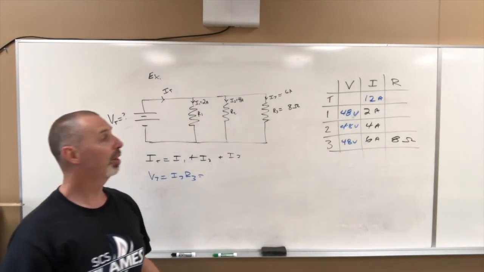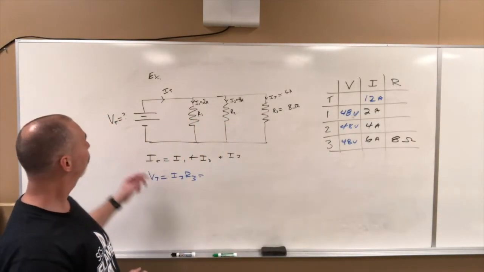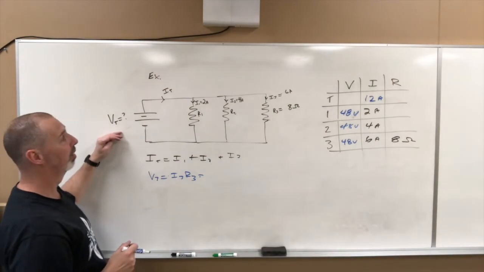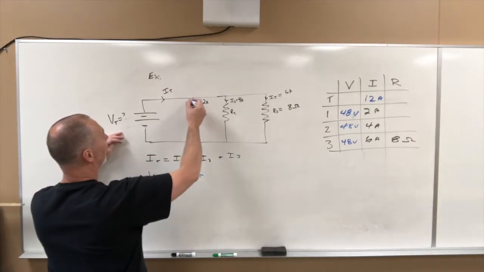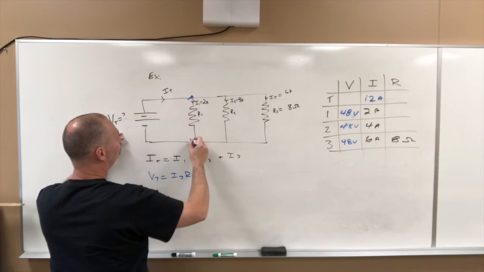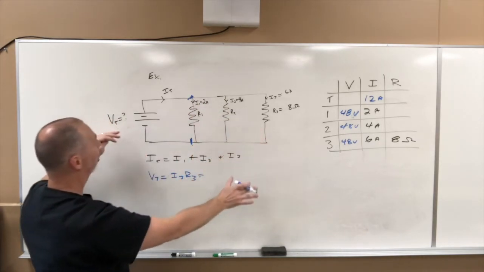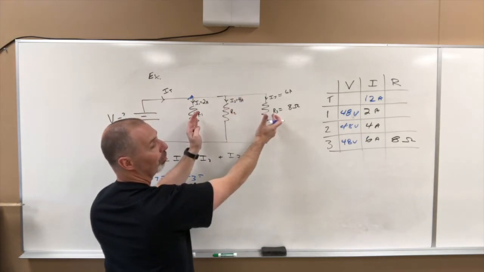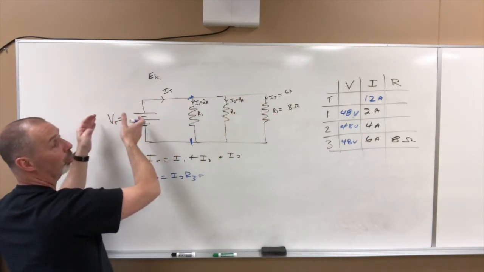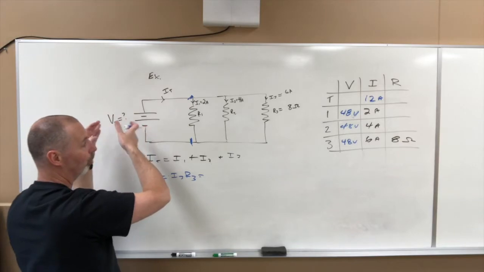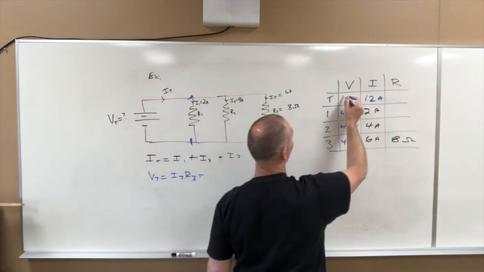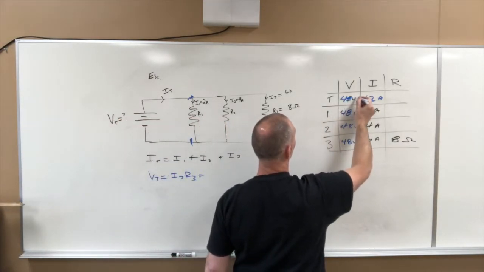Okay, now because they're all 48, that also means that this is 48. Okay, so what we remember here is that when the current goes through the parallel part, that's the drop in potential difference. And so if I'm dropping 48 volts here, the increase must be 48 volts here. Okay, so we have 48 volts here as well.